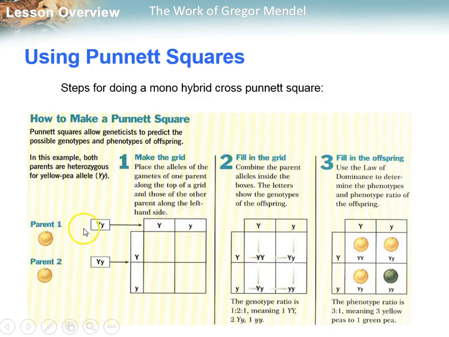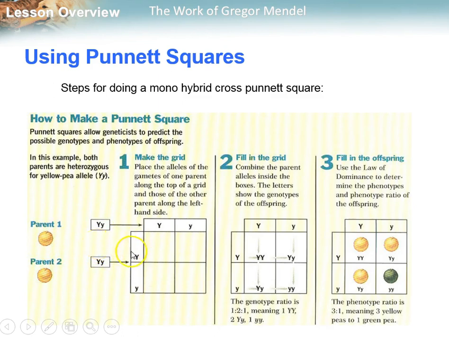So, if this is the dad and this is sperm, then half the sperm would have big Y and half the sperm would have little y, and then they would just be all mixed up. If this was the mom and she's making eggs, half the eggs would have big Y and half the eggs would have little y, and then they would just be randomly dropped whenever she's ready. Okay?